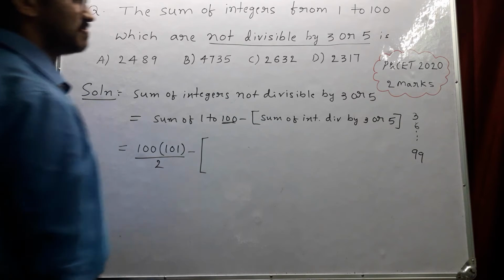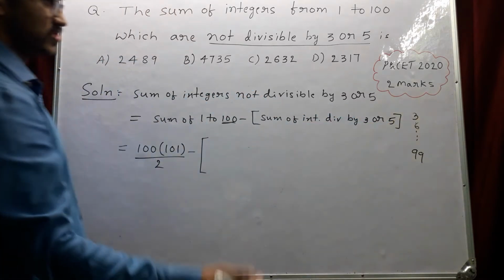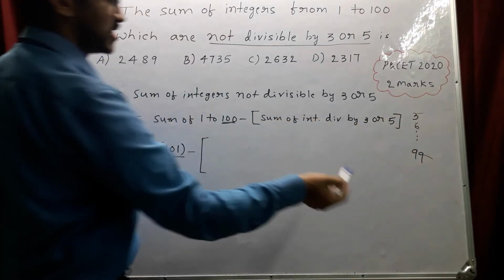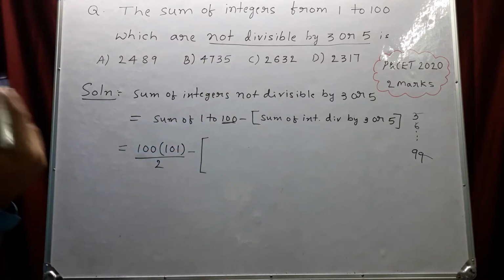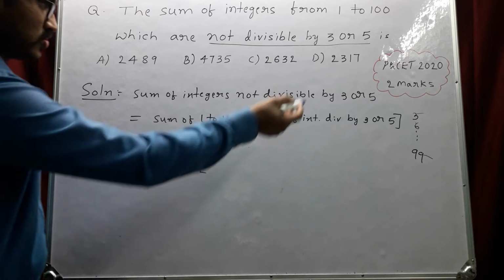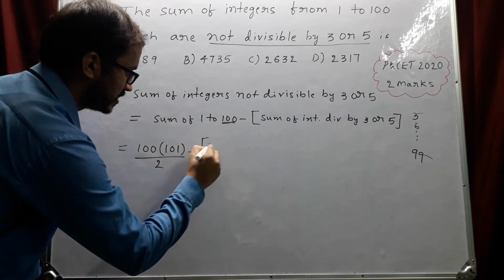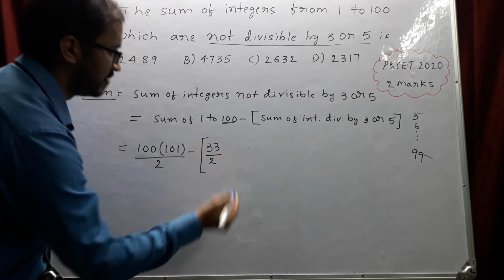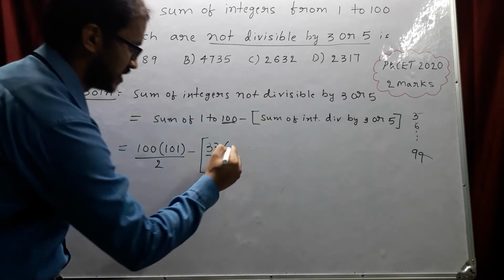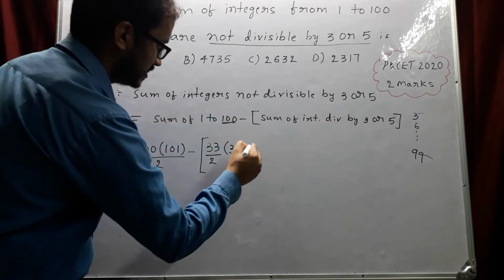This is an arithmetic progression. For the sum of these numbers, we know the first number and the last number, so we can use the formula Sn is equal to n by 2 into a plus l. We have 33 numbers in total, so I can write 33 by 2 into a plus l, where a means the first number, that is 3, and l means the last number, that is 99.